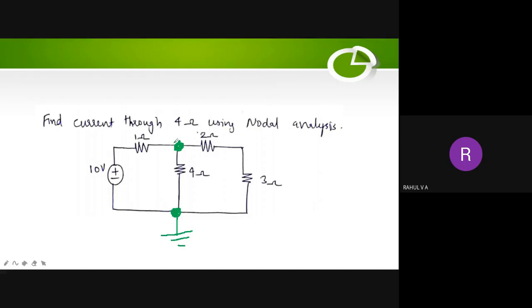In that 2 nodes are series nodes, neglect that. Then you have 2 nodes. In that one node we assumed as reference node, that is the node which is connected to negative terminal. We have one node extra now. So at that node you mark the potential as V1. So I am marking voltage V1 as the potential at that point.